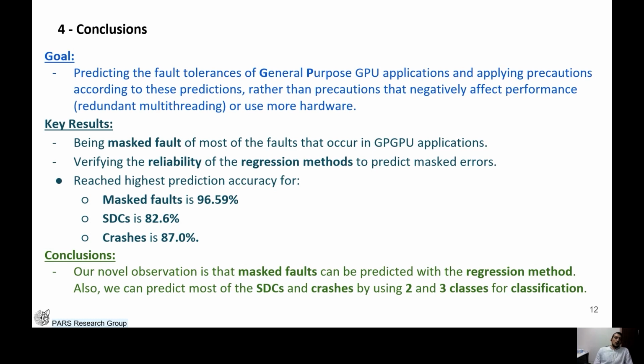To conclude, our goal is to predict the fault tolerance of general purpose GPU applications, providing reliability for these applications and decreasing the effort and cost of the precautions that I mentioned previously.